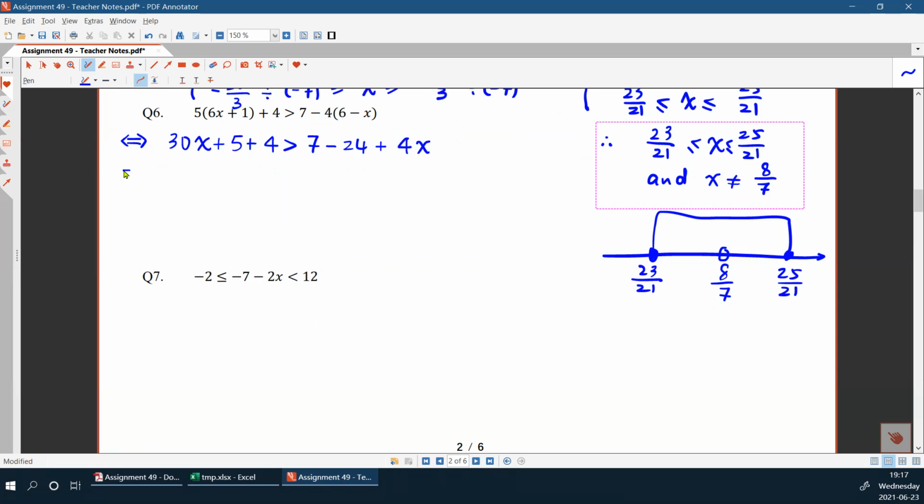Okay, and then we can separate x and the constants. 26x larger than minus 26. And this is equivalent to, we can divide both sides by 26, which gives us x greater than minus 1, right? So the final solution is x greater than minus 1. Okay, any questions?